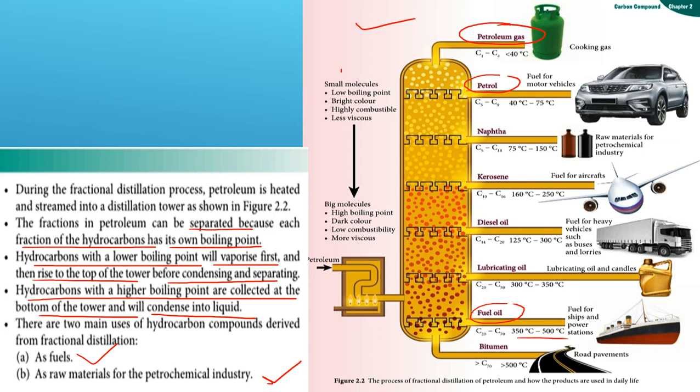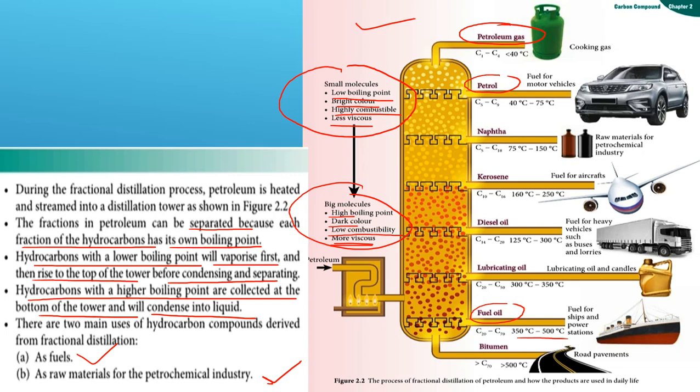Okay, so untuk small molecule, dia punya boiling point low, and then dia punya color adalah bright color, highly combustible, and less viscous, kurang likat. Okay, manakala big molecule ini dia punya boiling point is very high and the color is dark and low combustibility and more likat, more viscous.